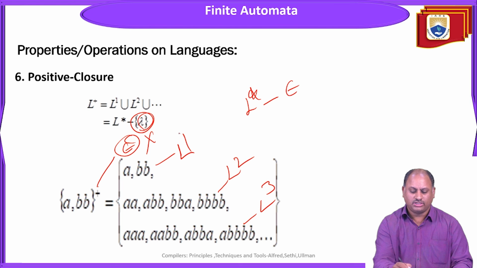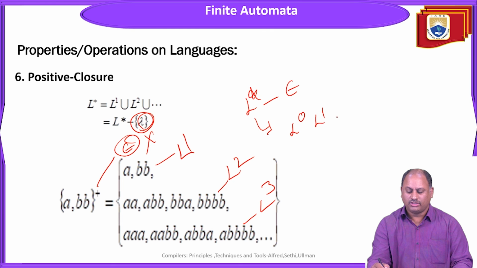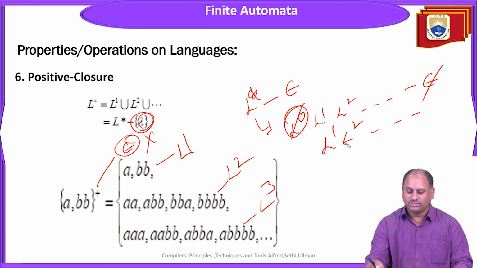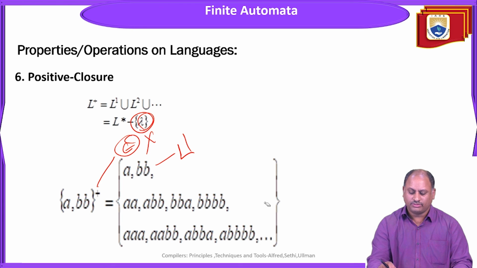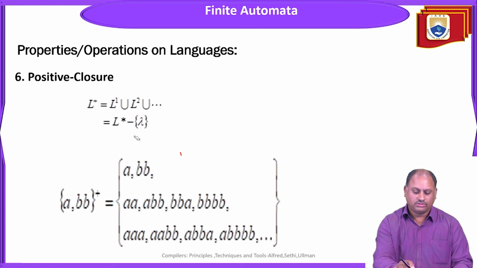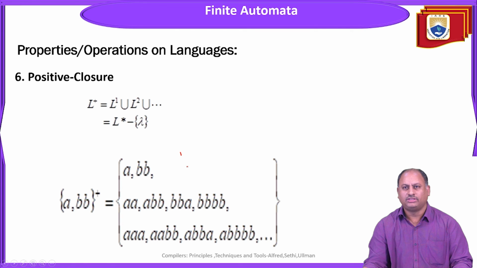Only except epsilon. That means L plus is L star minus epsilon. Here epsilon is considered the same as lambda also. Another way to represent it is all the remaining strings. That means here L star denotes L power 0, L power 1, L power 2, all minus epsilon. So previously we calculated L power 2, L dot L, and the length of strings with string length 2, string length 3.